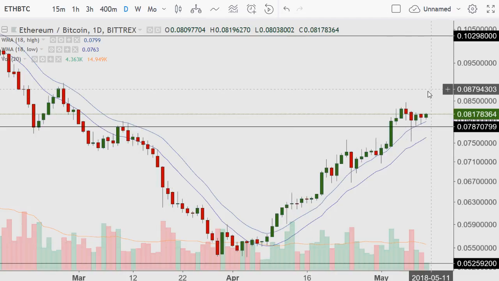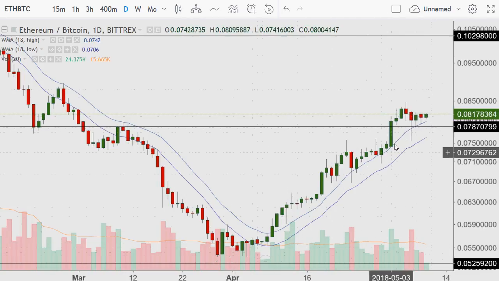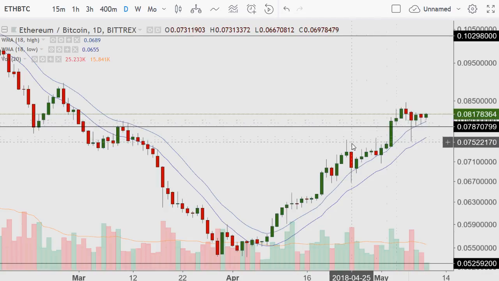And anyway, piercing above this level here, this mark in here resisted well below it on April the 24th, this line. It matched that on April the 30th.